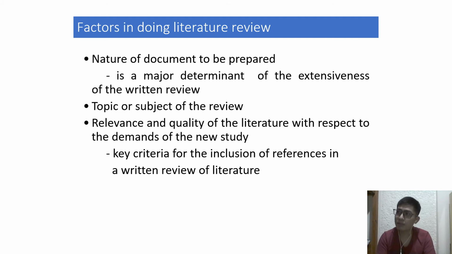If your research tends to have pediatric patients, what specific age group in pedia? So relevance and quality of literature with respect to the demands of the new study. Key criteria for inclusion of references in a written review of literature.